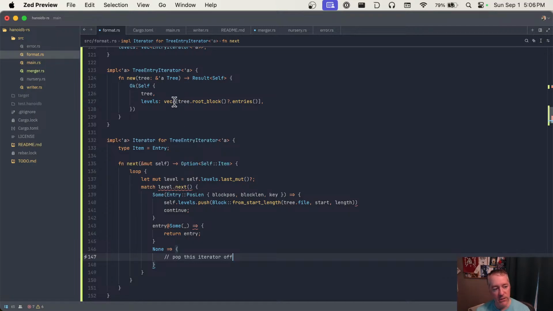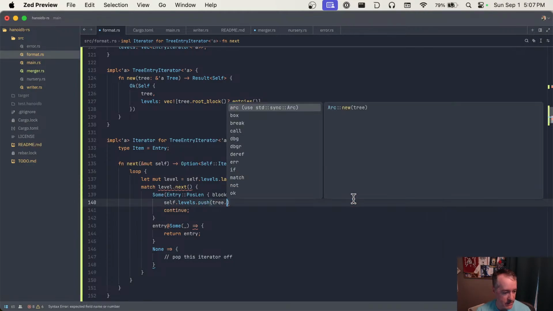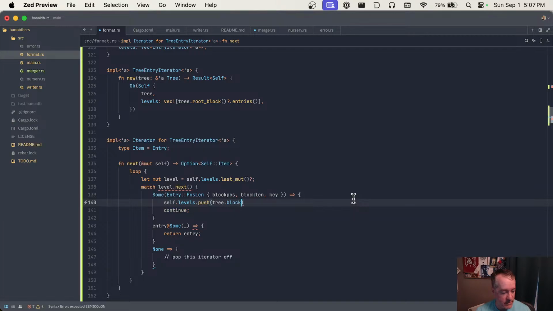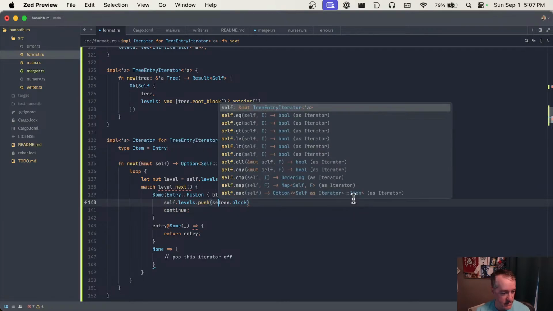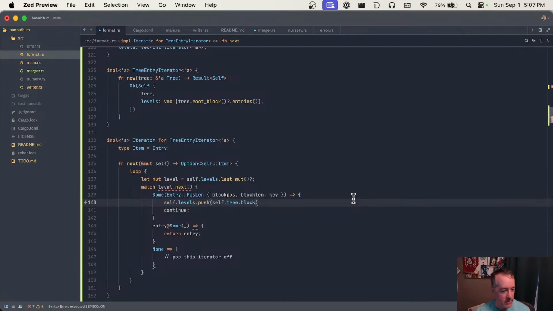And then if we've reached the root and there's nothing left on that one, then there's no more entries, right? Okay. So this is actually, we want tree block from self.tree from Poslin entry.